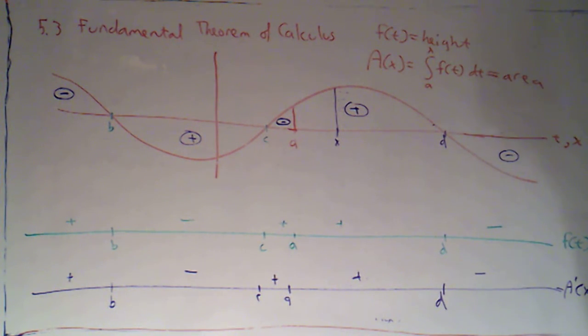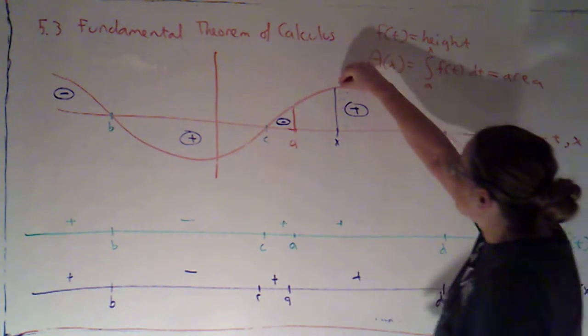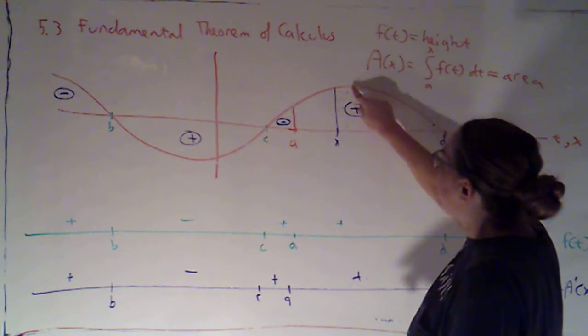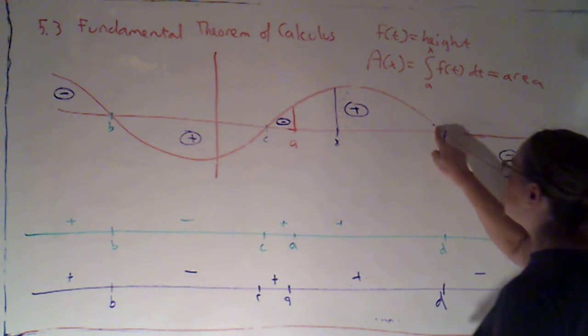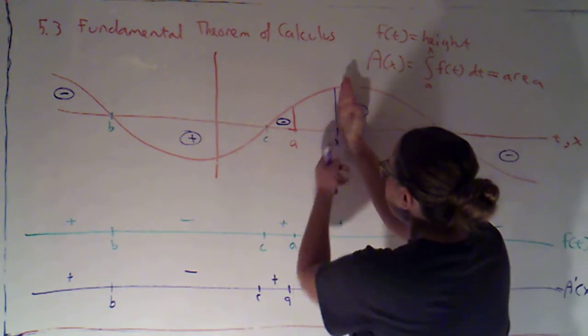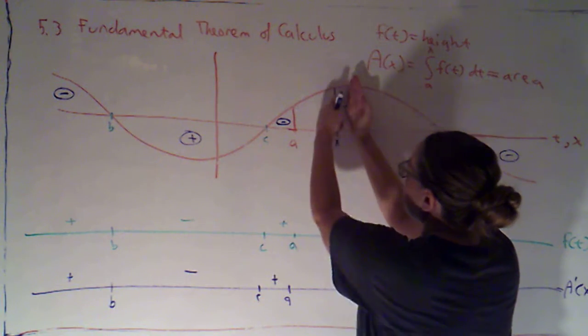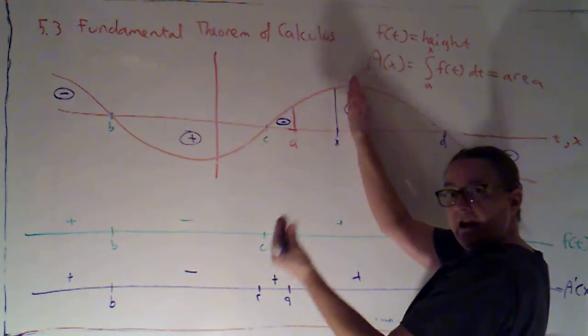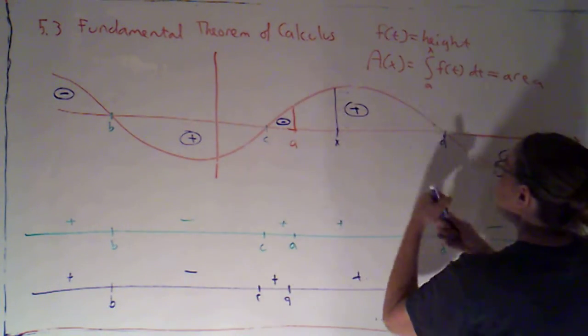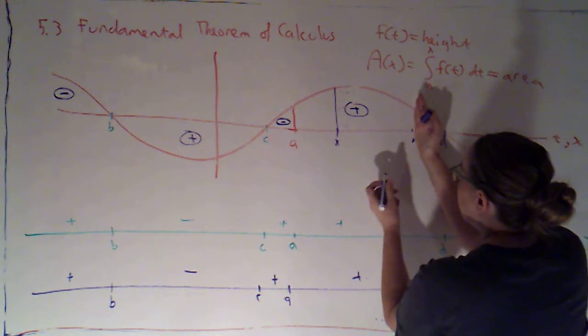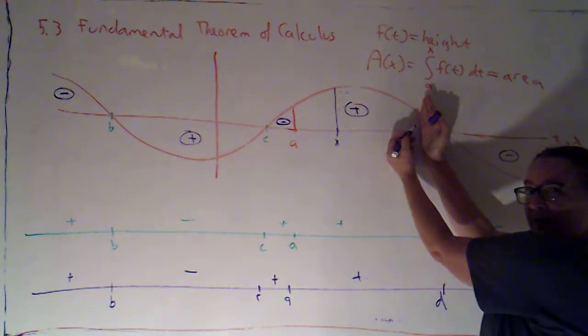And if I look at that relationship, I can actually see it's a little bit stronger than just that. Because notice that here, for example, the height function is a lot bigger than it is here. Well, if x is here and I increase x by a little bit, that's going to increase the area by a bigger amount than if x was over here and I increased x by the same amount.